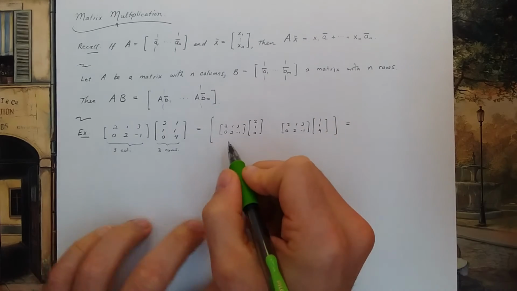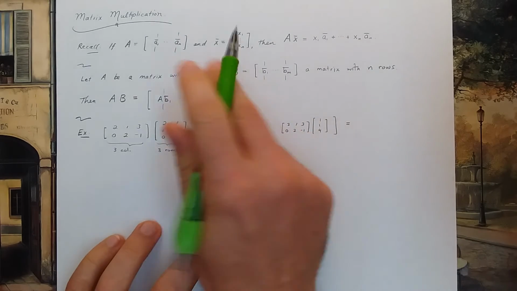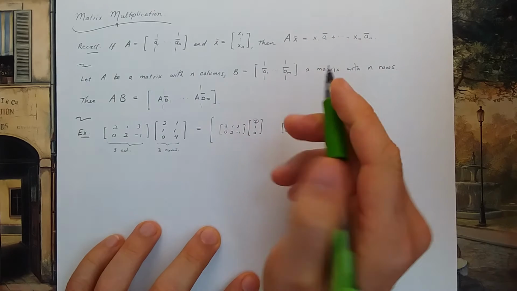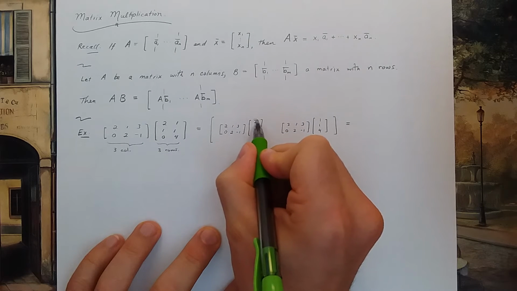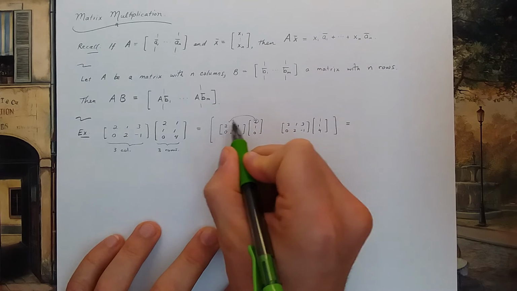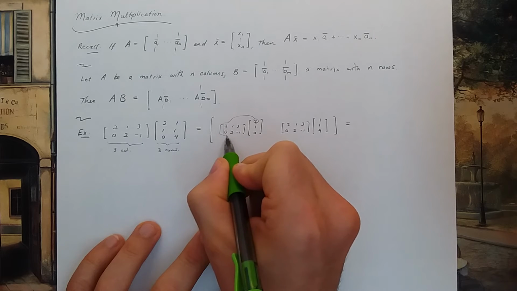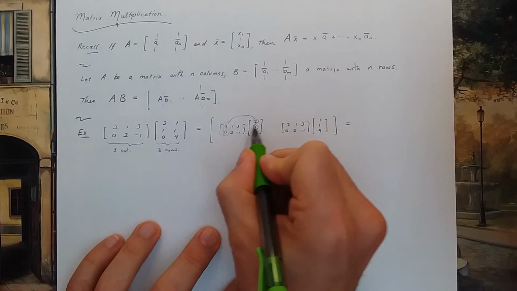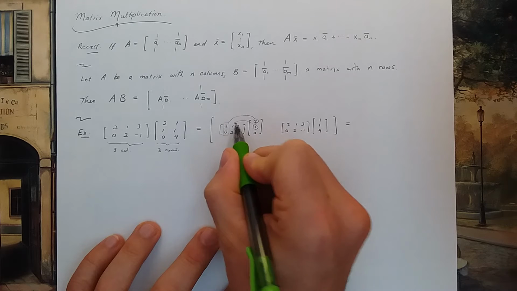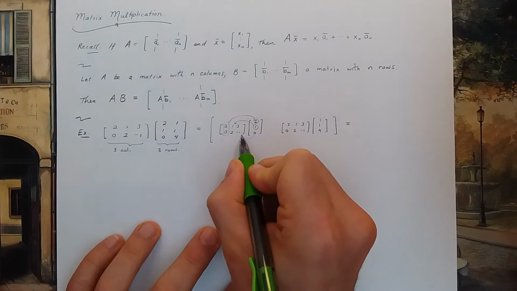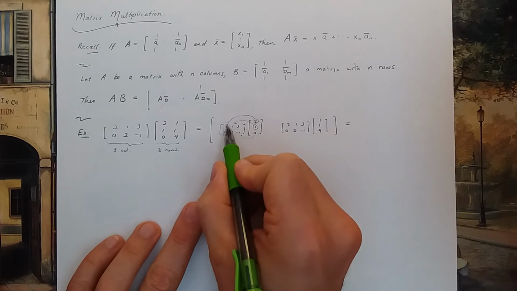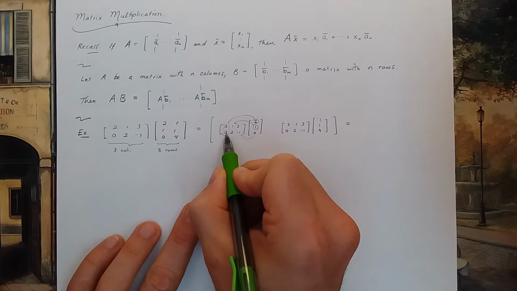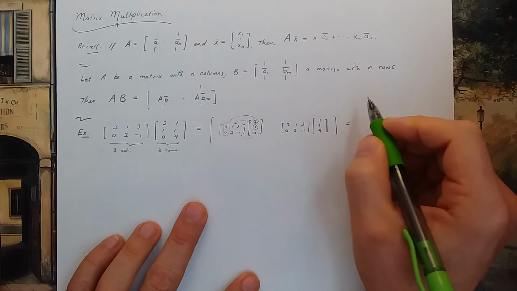Now we could do the calculation. When I do a matrix times a vector, I'm going to take the first entry of this vector, so 2, and multiply that by the first column of the matrix. Then I'm going to multiply 1 times this column, and then 0 times the last column. So I'm going to get 2 times the first column, so 4, 0, plus 1, 2.